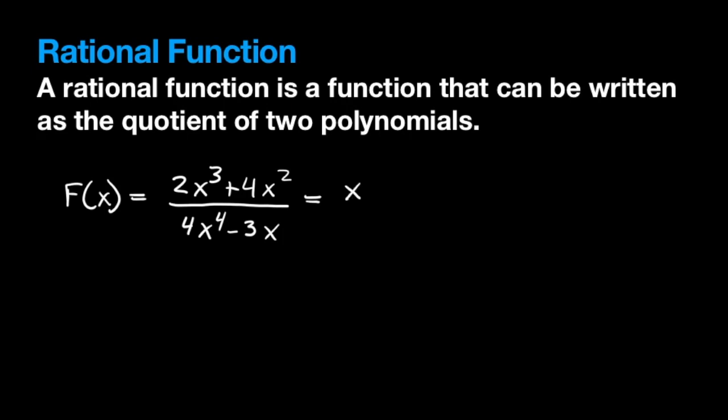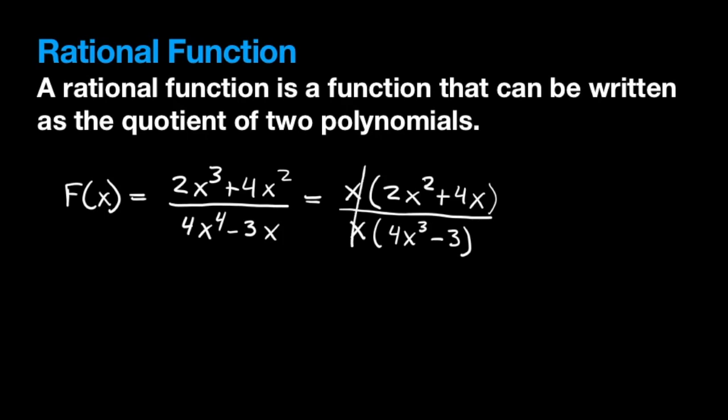So we take out an x. We have 2x to the second plus 4x, and then we're going to do the same thing in the denominator, so x times 4x to the third minus 3.